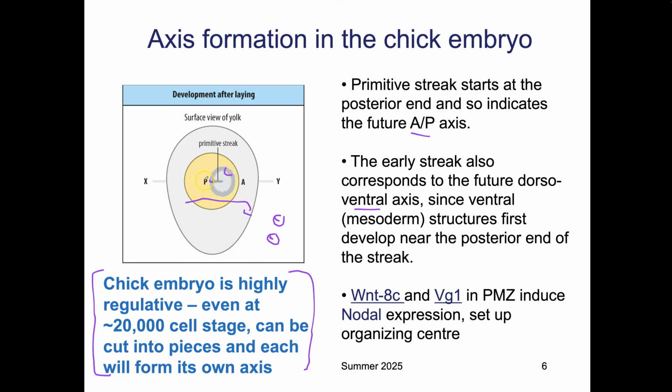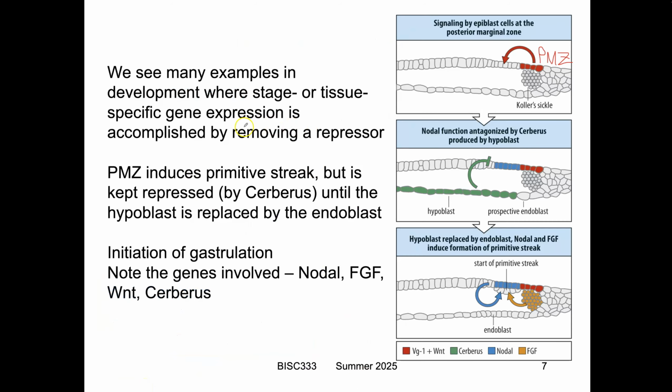So whatever signals have taken place happen before the primitive streak shows up, and they're so regulative that even when we have 20,000 cells, you can cut the embryo into smaller pieces and make a whole lot of little embryos that can still go through gastrulation and form a little tiny embryo.